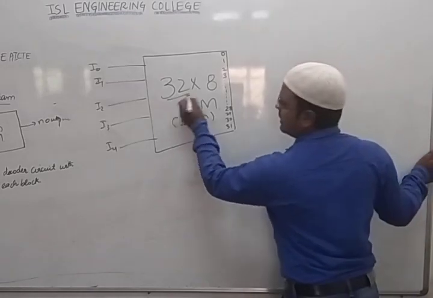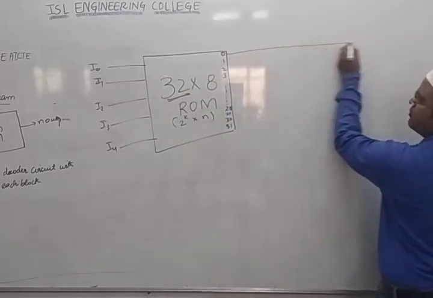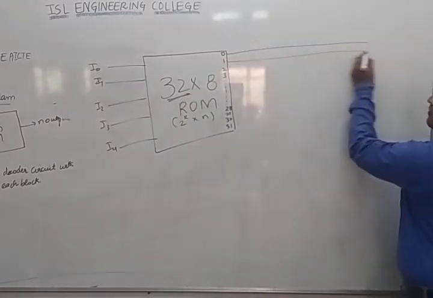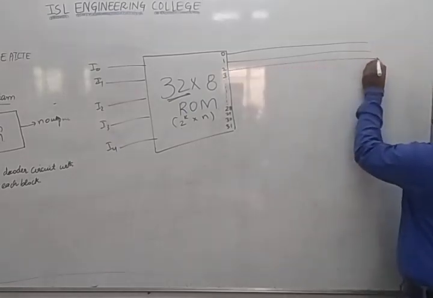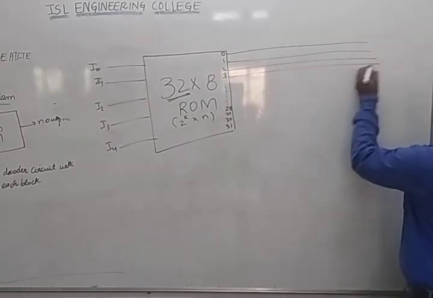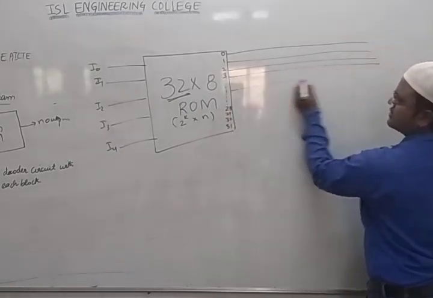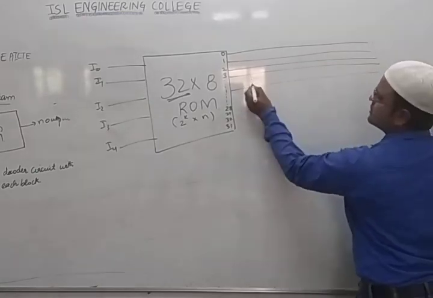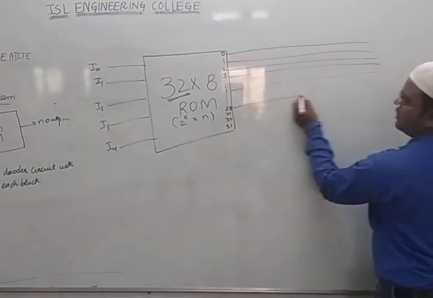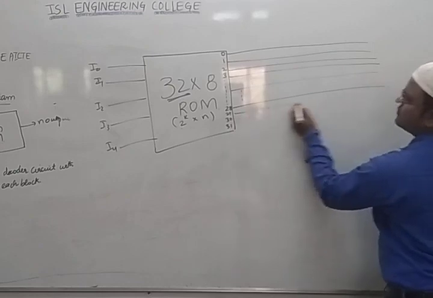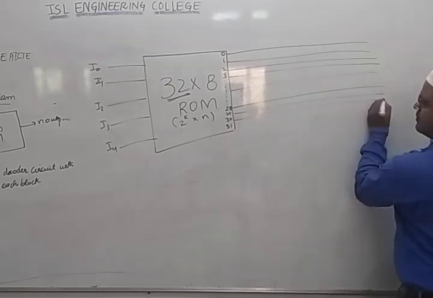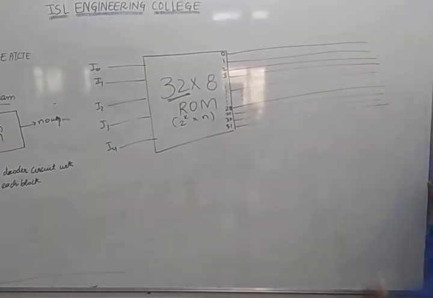Total 0 to 31 makes 32. So those number of lines you have to make. This you have to keep in your mind. There may be many dashes in between. So you can put dash, dash, dash, or you can write all the numbers. So this is nothing but your combination. So we made the combination.